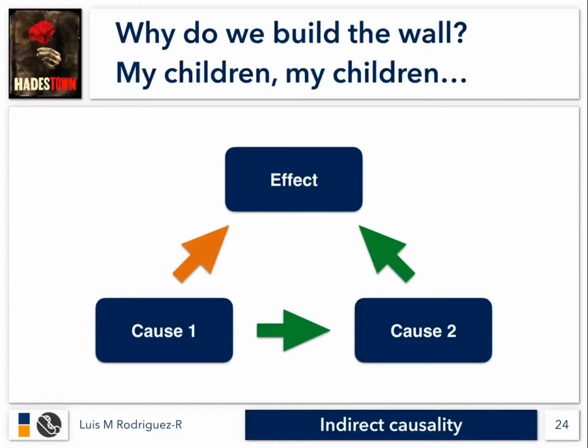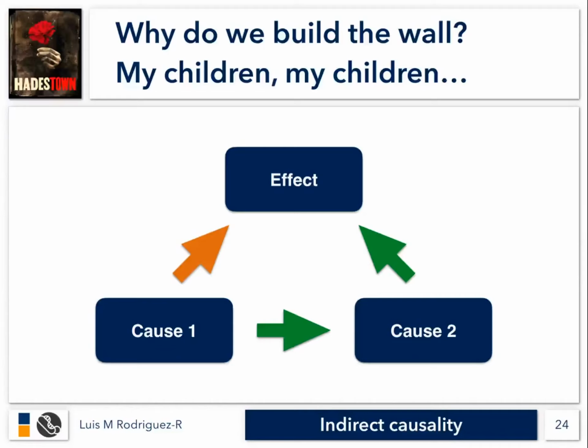So it makes them different from their neighbors. But of course, there is a simpler explanation: by building a wall, you separate yourself from your neighbors. So there is a direct effect. If you separate yourself from your neighbors, you're going to be more differentiated.